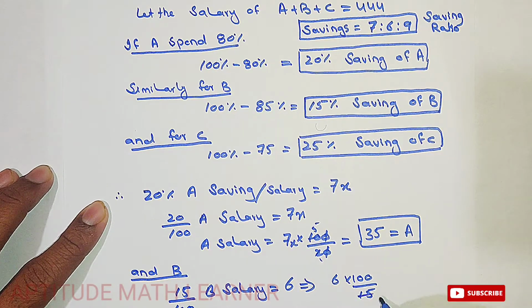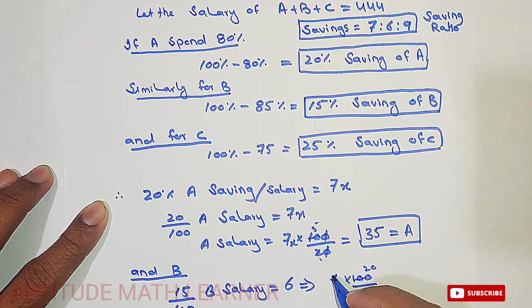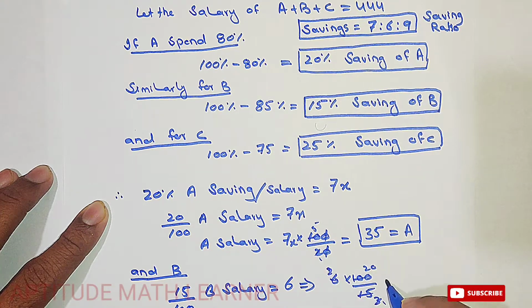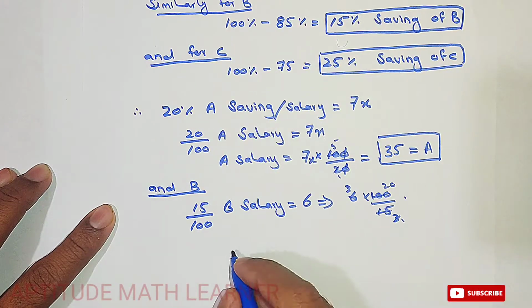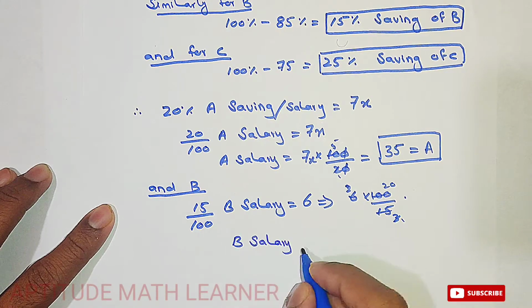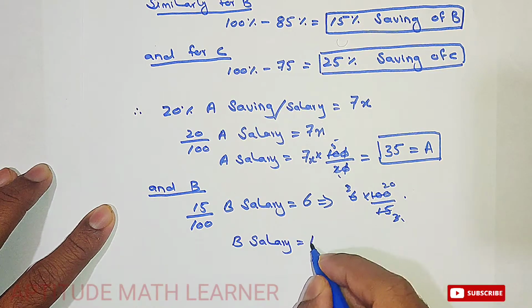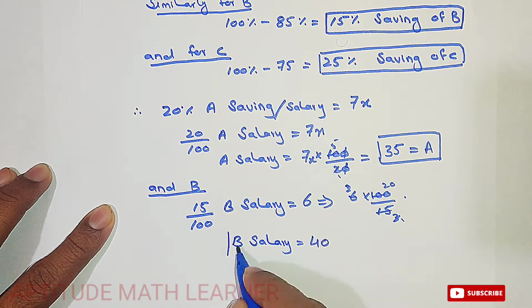Cancelling, this becomes 2 multiplied by 20, that is 40. So this is for B.